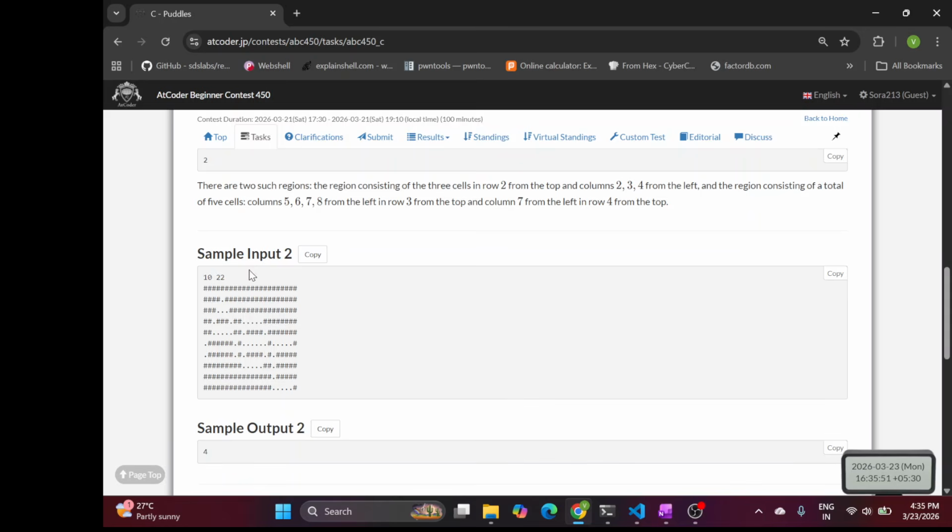Similarly, for the second test case, our first connected component is these 3 cells and one cell at the top. And now these connected cells and one cell at the top is our second one. Now these connected cells and one cell here is our third one, right?